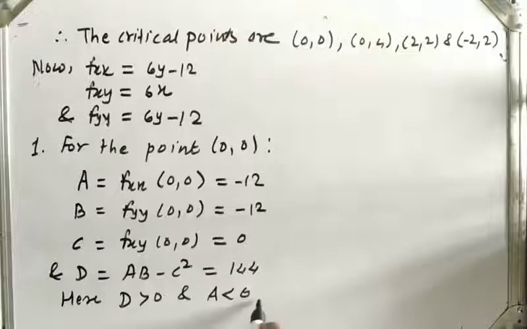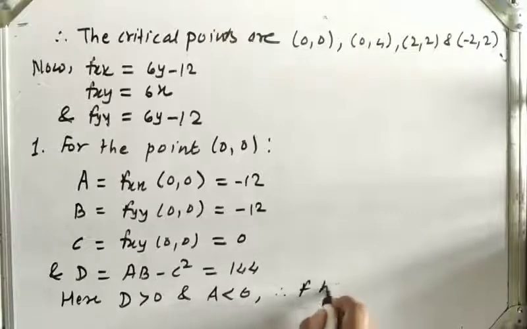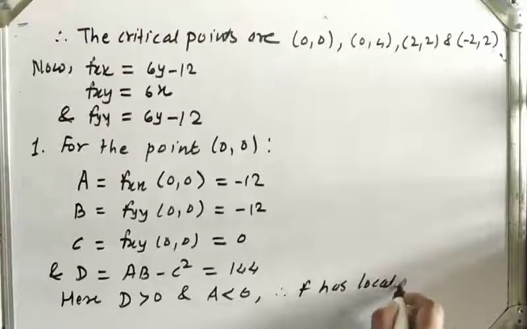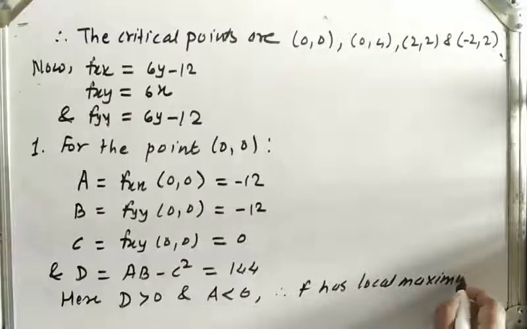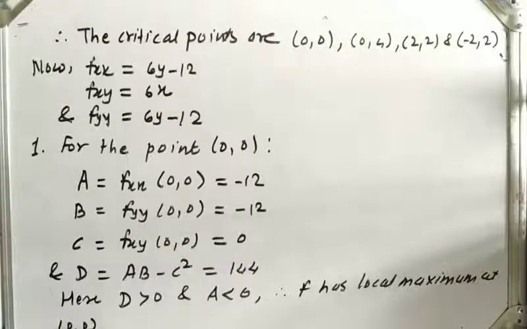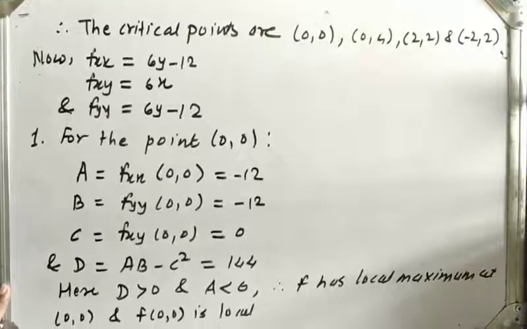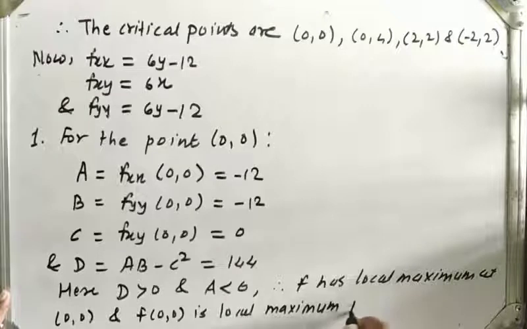Therefore by the known theorem, f has a local maximum at 0 0. This is for the first critical point 0 0.